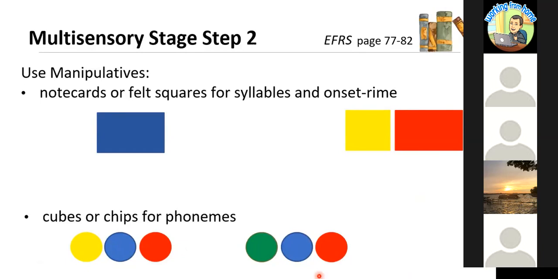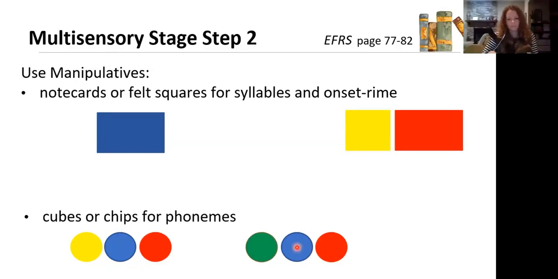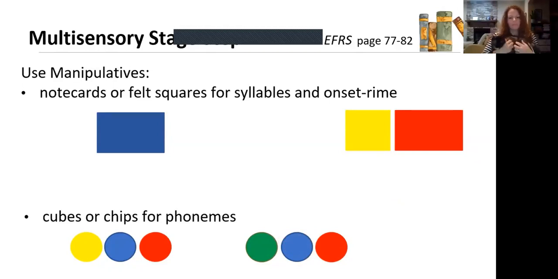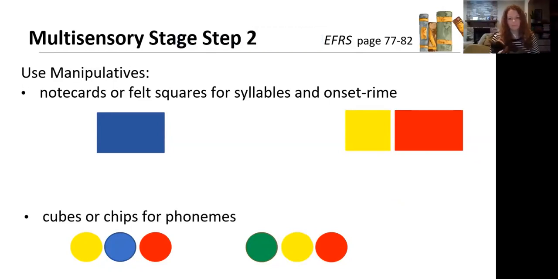Okay, and then if we wanted to do a manipulation or a substitution activity where we're taking out a sound and we're putting in a new sound, just like we did up here, we want to do it with a different color. So if I were doing, say, the word mat, and we want to change a to i, that middle sound is changing, we would want to switch it out to a different color to show that it's a new sound and then a new word.